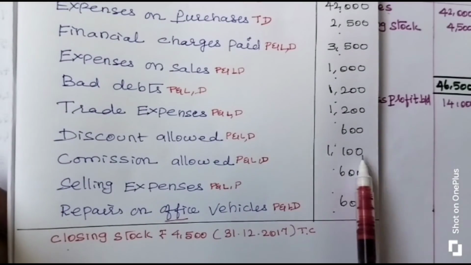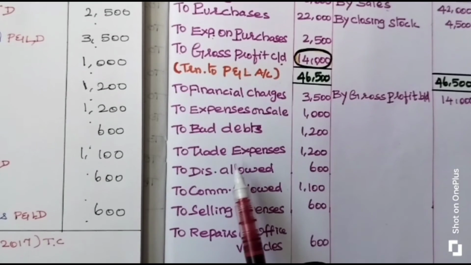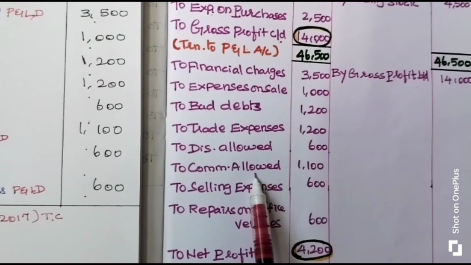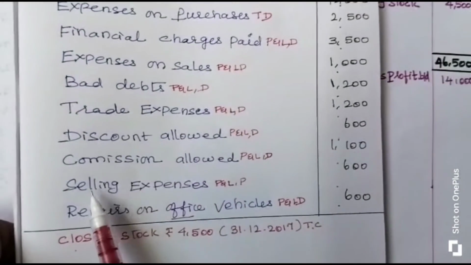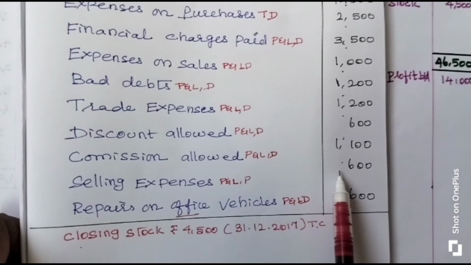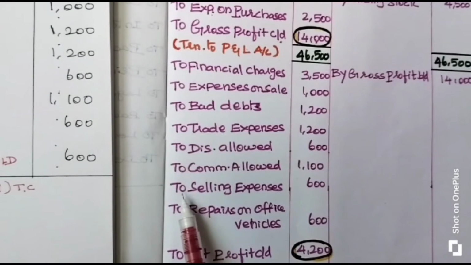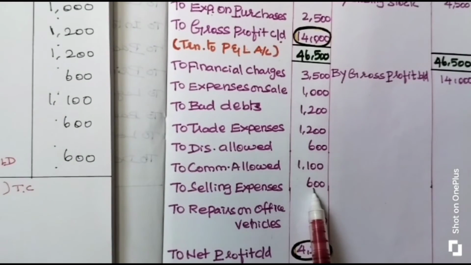Commission allowed, 1,100 rupees, goes to the profit and loss account debit side. So on the debit side you enter to commission allowed 1,100 rupees. Then selling expenses, 600 rupees, go to the debit side. So you enter to selling expenses 600 rupees.